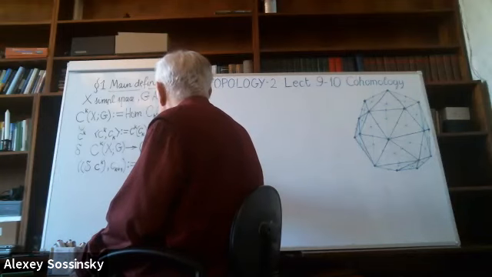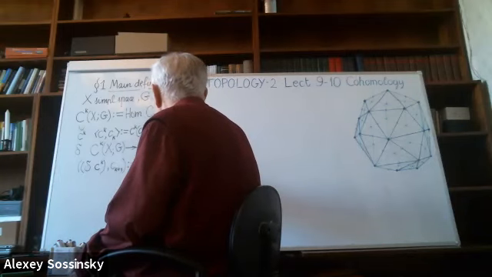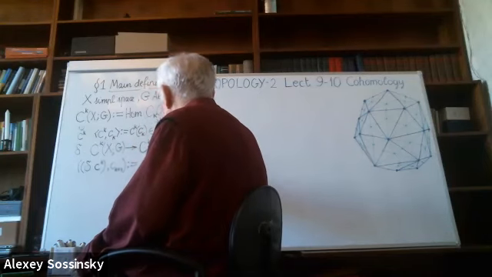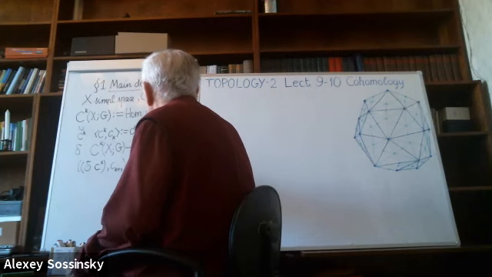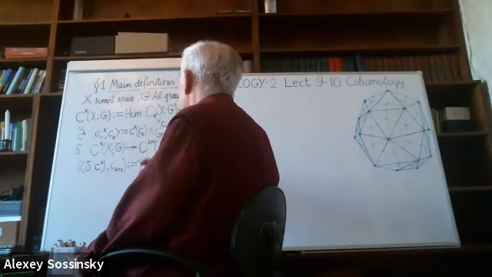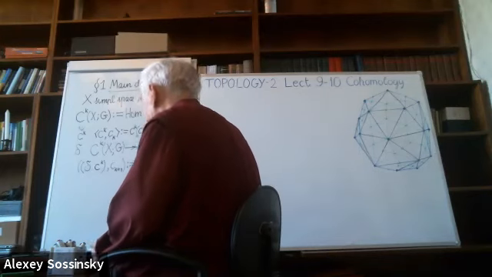It can be defined on c_(k+1) because it lives here. So this is the definition of the coboundary operator.